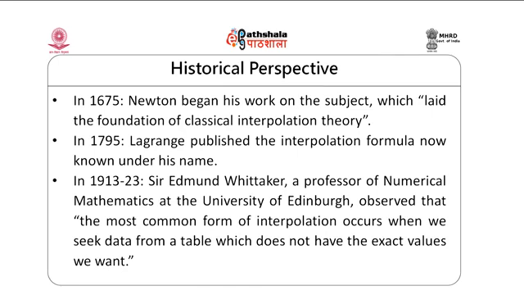Then in 1675, Newton began his work on the subject, which laid the foundations of the classical interpolation theory. In 1795, Lagrange published the interpolation formula now known under his name, and in 1913 to 23, Sir Edmund Whittaker, a professor of numerical mathematics at the University of Edinburgh, observed that the most common form of interpolation occurs when we seek data from a table which does not have the exact values we want.